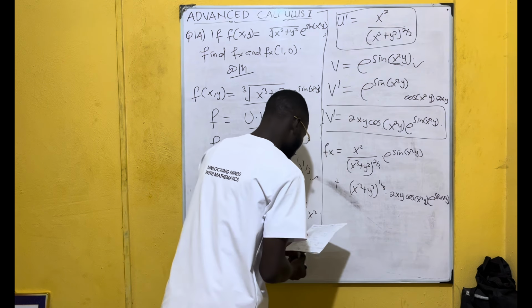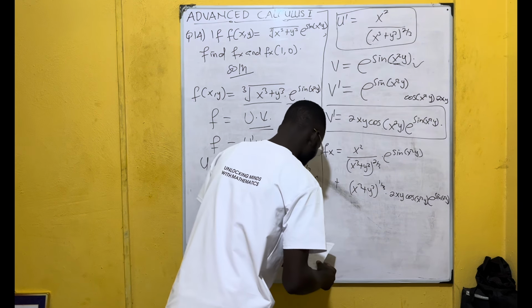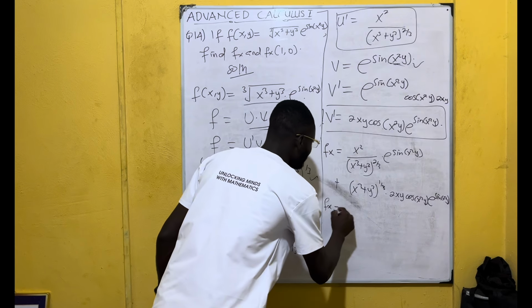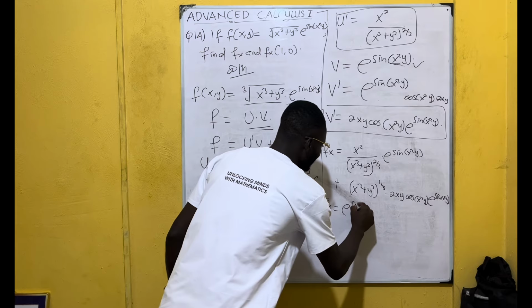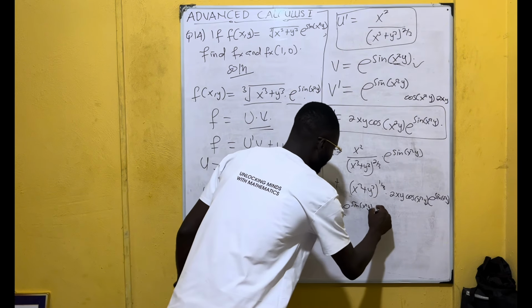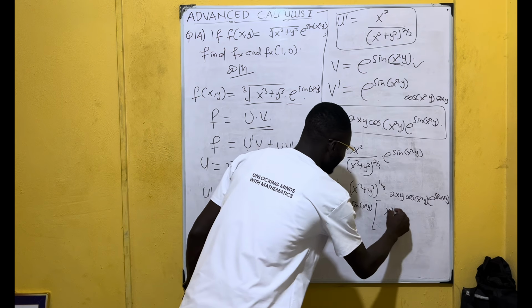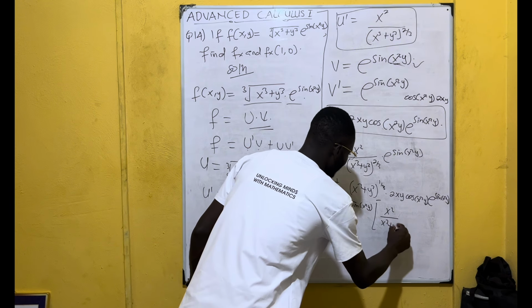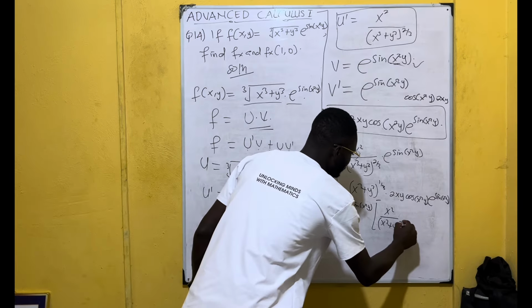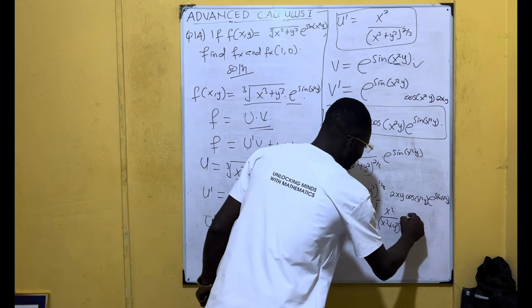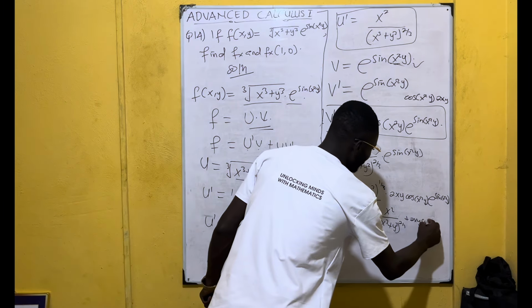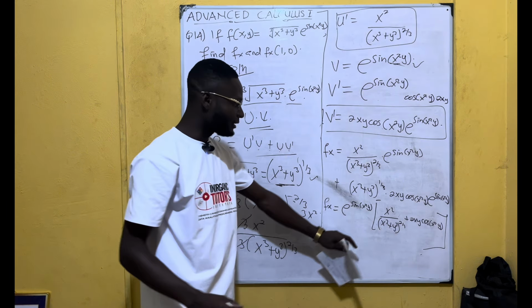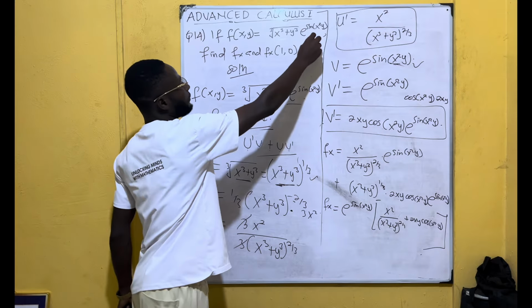So when we do that, we are going to have fs equal to e to the power sine(x squared y) into brackets x squared divided by (x cubed plus y cubed) to the power 2 over 3 plus 2xy cos(x squared y). And that is the first derivative of this particular function.